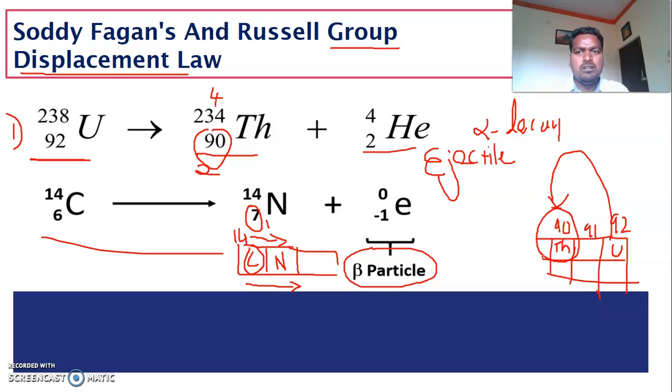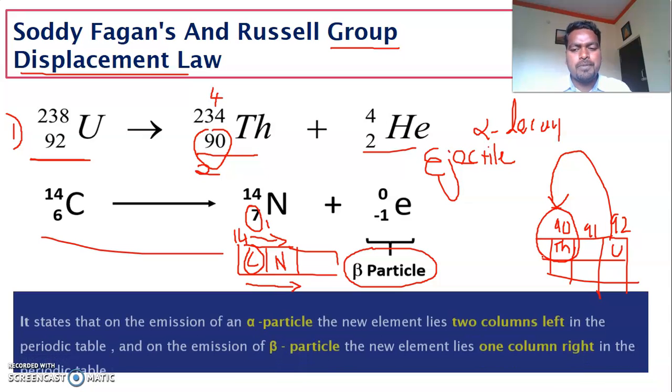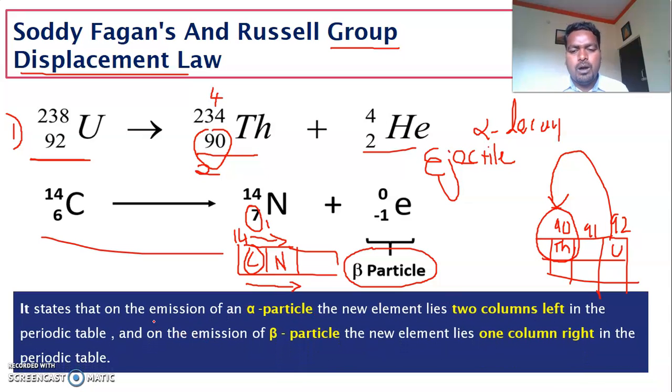The law can be stated as: on emission of an alpha particle, the new element lies two columns left in the periodic table, and on emission of a beta particle, the new element lies one column right in the periodic table. This is the Soddy-Fajans and Russell group displacement law.